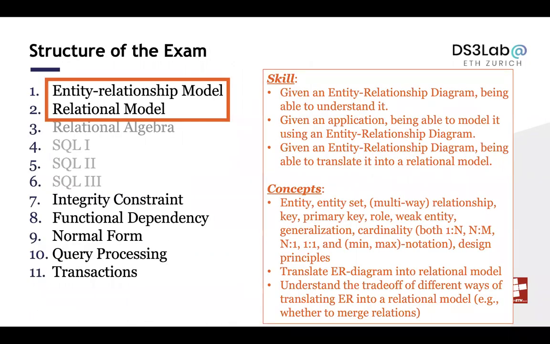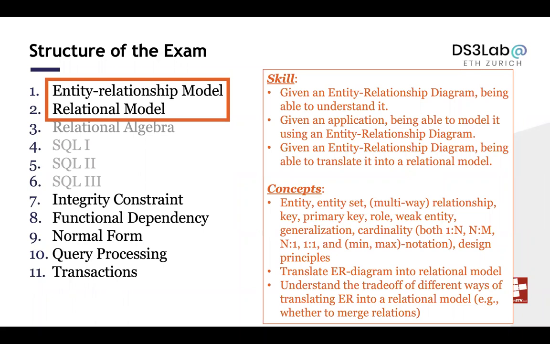So in the exam, what do we really want you to know after this course? The skill we want you to handle is, given an entity relationship diagram, you should be able to read it, understand what we are trying to do, and understand that application.